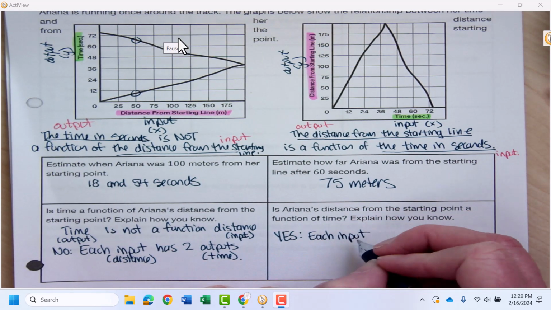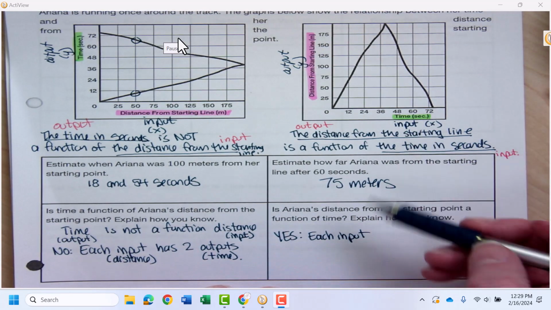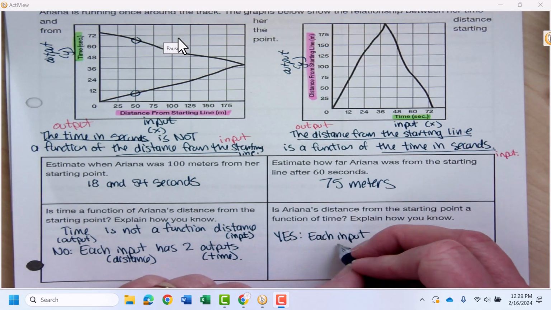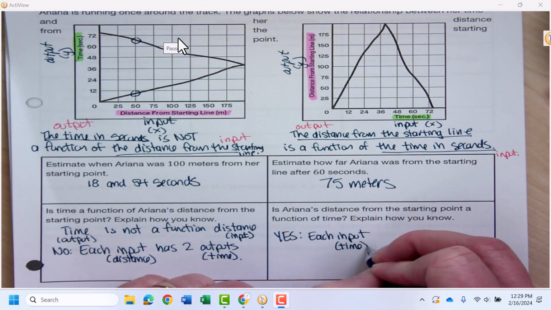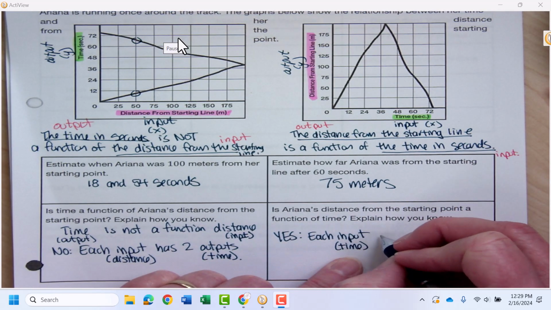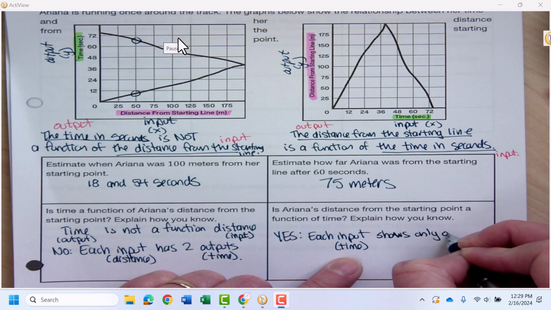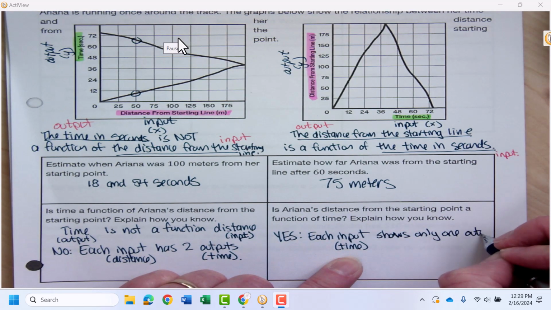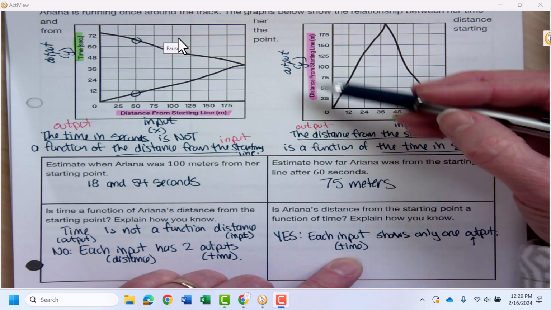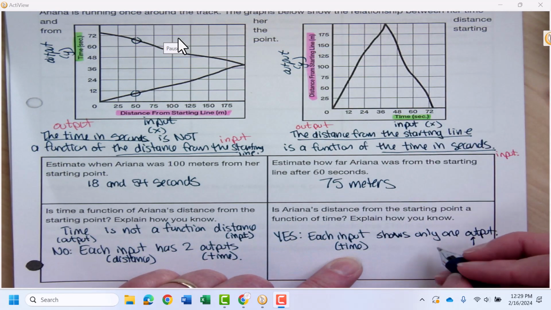This time the input is time. Each second shows only one output. And here the output is the distance from the starting point.